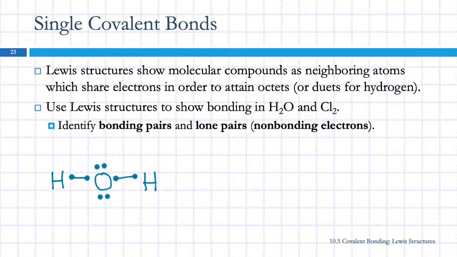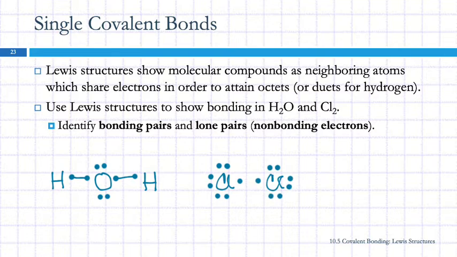So let's see how that might work with chlorine. So Cl2 is a molecule. How many valence electrons? 7. 1, 2, 3, 4, 5, 6, 7. And this one also has 7. 1, 2, 3, 4, 5, 6, 7.